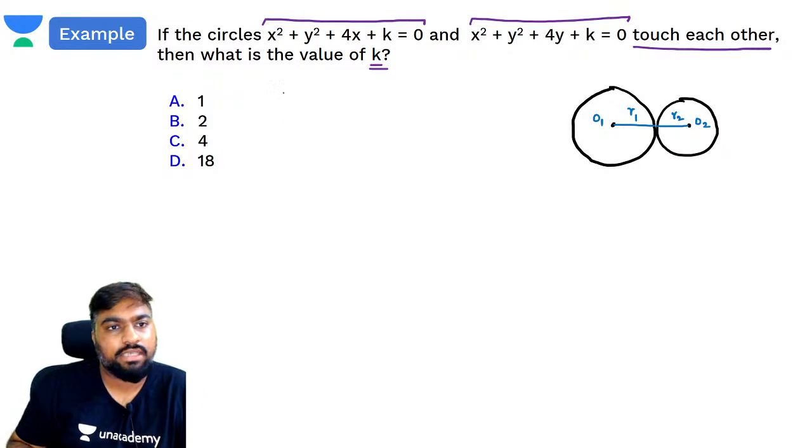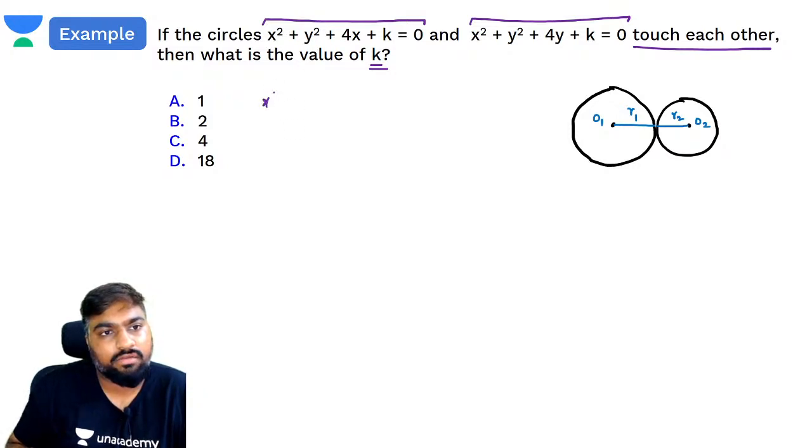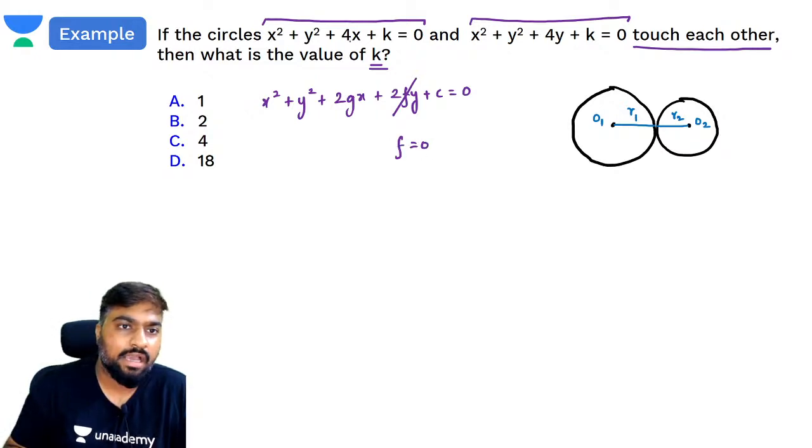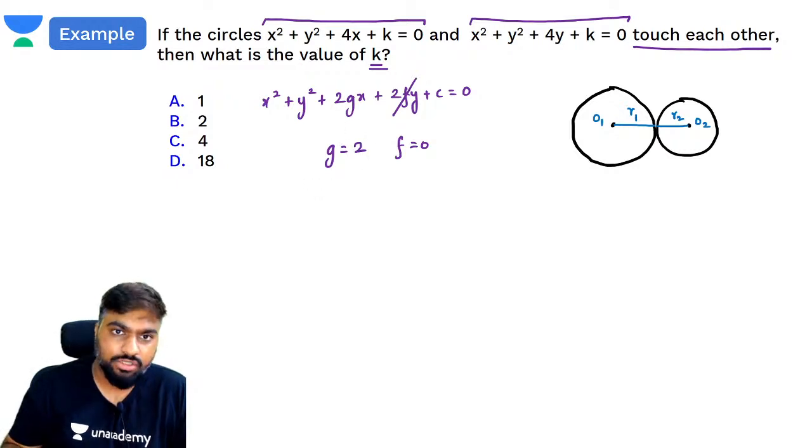So you will write this as x square plus y square plus 2gx plus 2fy plus c equal to 0. This part is not there, that means f is equal to 0. And here you get g equal to 2. Correct? So your center for the first circle is minus 2 comma 0. Agreed?